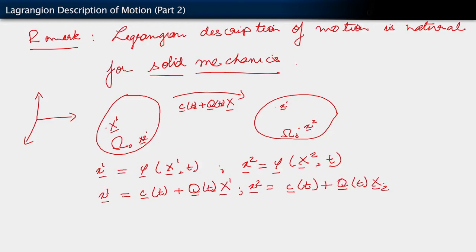If you're looking at the distance between points, we want to check what happens with this quantity, which, looking at the two equations in the line above, is just q t times X2 minus X1. Okay, and I realized I turned those from superscripts to subscripts here, so let me correct that.